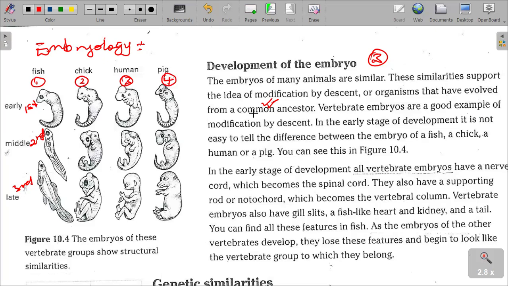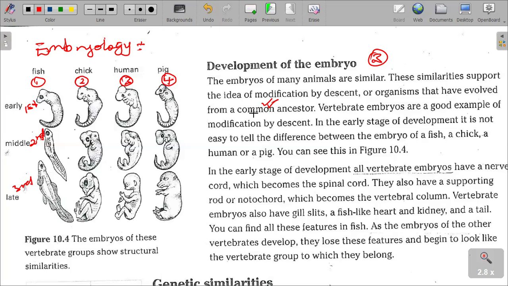So vertebrate embryos are good examples of modification by descent, the changes which take place in organisms with the passage of time. From ancient times, millions of years ago, to the years that we are in today, there is a descent modification, there is an adjustment, there is a structural difference that can be explained in the early stages of development.